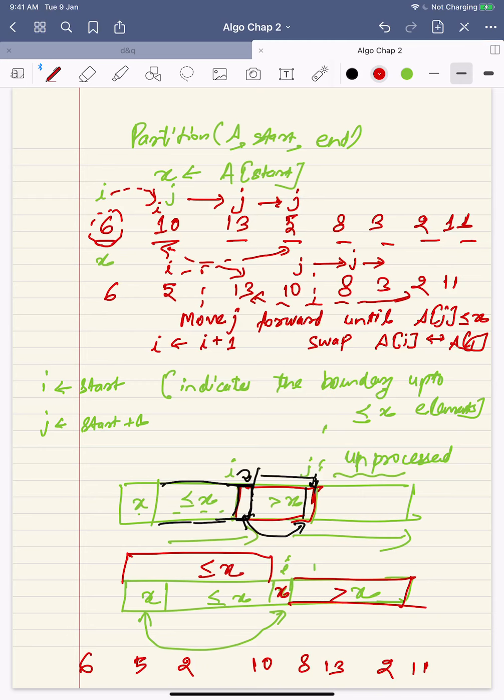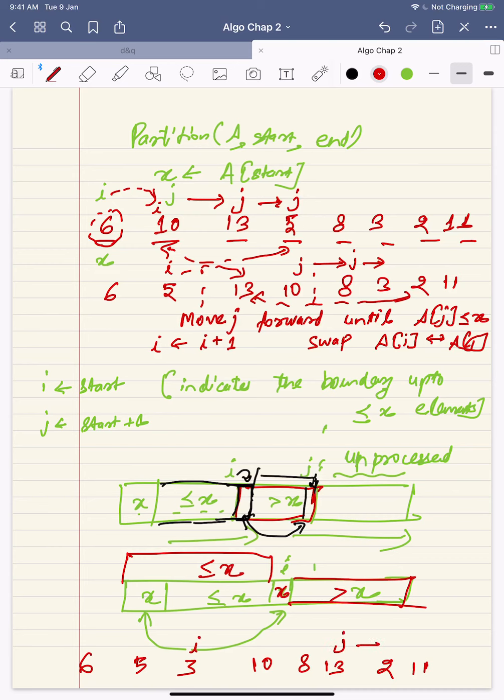I'm sorry, 8, you have gone up to 3, yeah, that's fine. So yeah, what you change is 3, not 2. So this should be 3. Okay, and your I is here and your j is here.